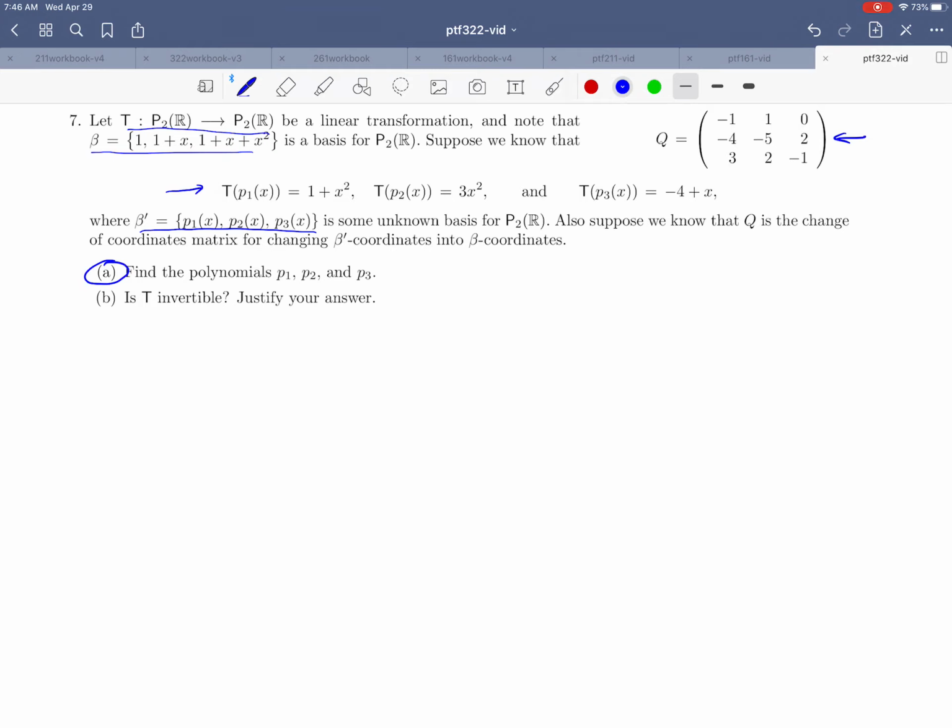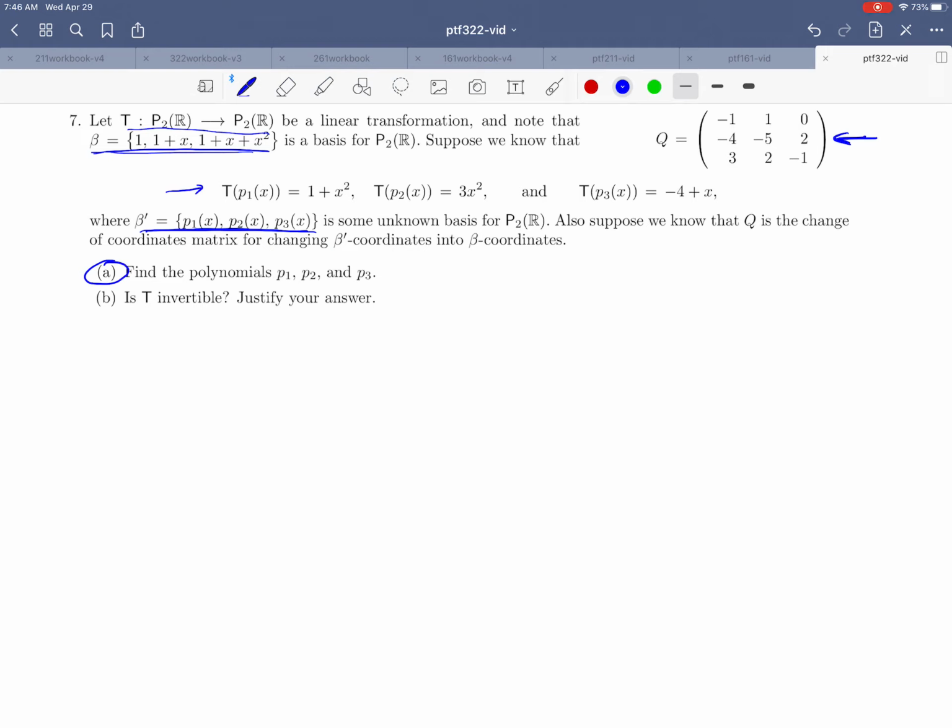How could we do that? Well, the only thing we have to work with is this matrix Q, a way of transforming between a basis that we don't know, beta prime, and a basis that we do know. So that's the tack I'm going to take here.